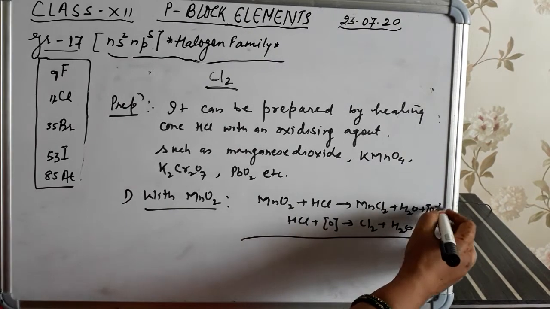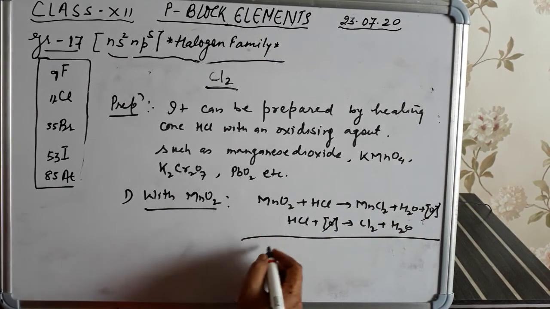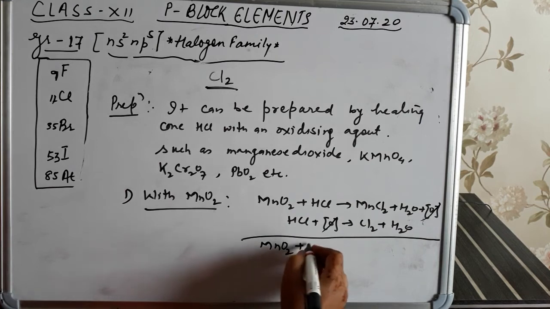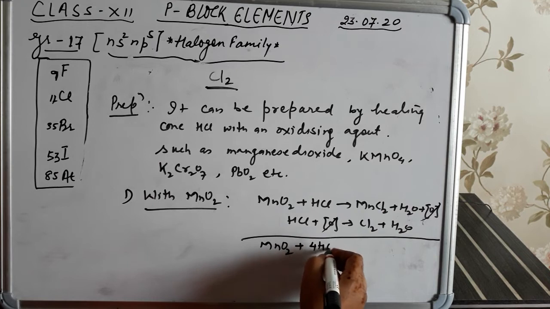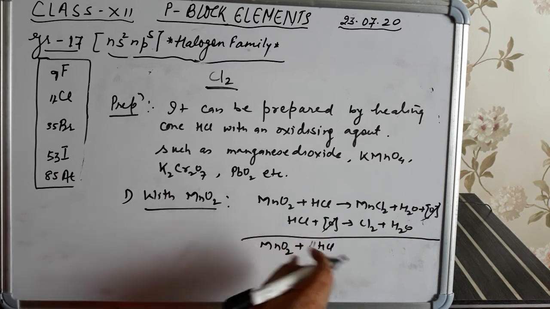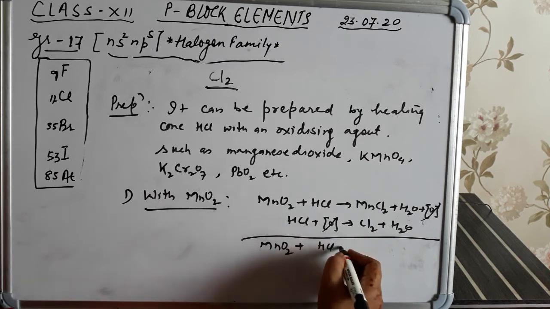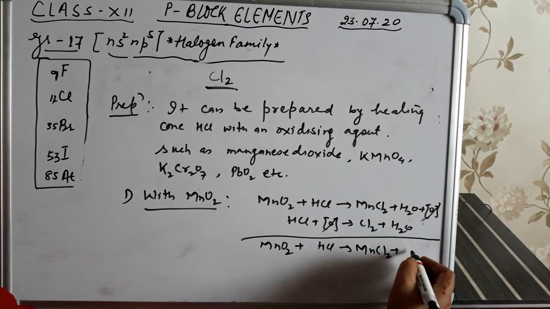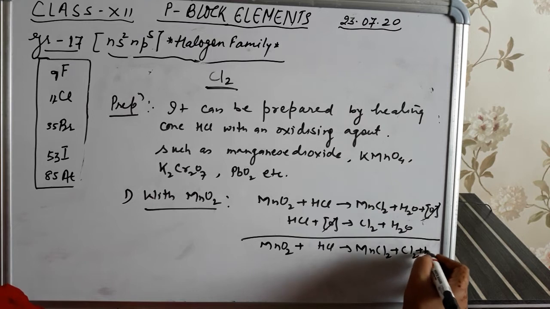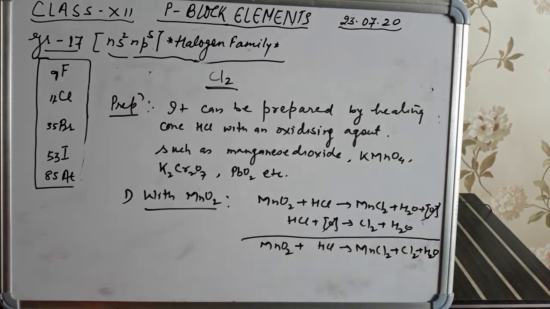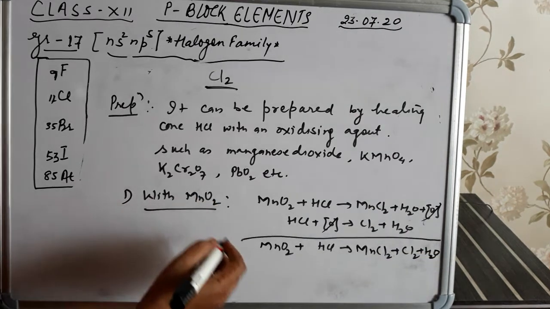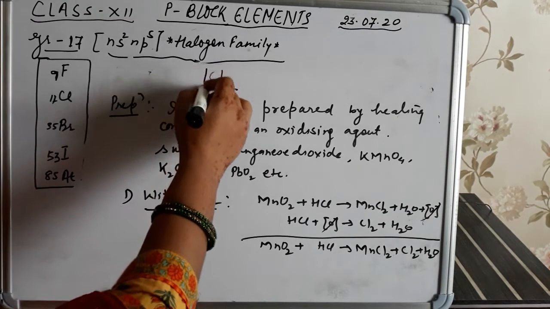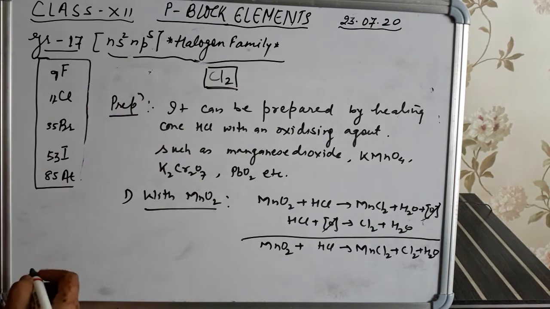So cancel the common terms by balancing and write down the main product: MnO2 plus 4HCl. You can balance by yourself. So it gives MnCl2 plus chlorine and water. So students, the first preparation method for chlorine is from manganese dioxide.